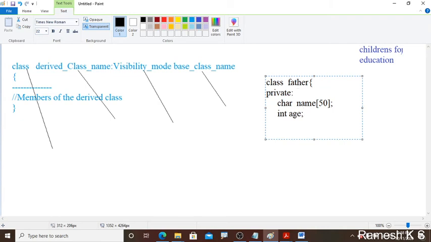Now I am taking another, the public access specifier. Why am I taking the public access specifier? Because this data can be accessed anywhere in the program.